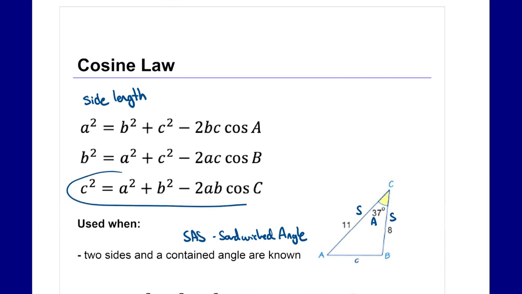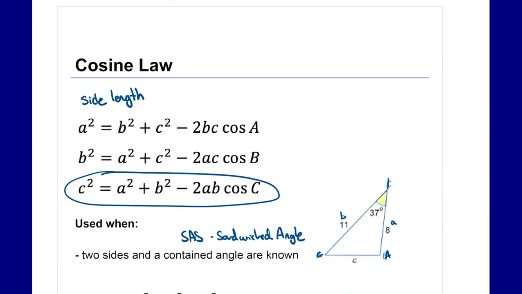So I'd be using this formula, because I'm looking for side C. I have sides little a and little b, and I'm given the angle C. Again, it's the same formula. If these sides were relabeled differently, if this was C, this was A, this was B, it's the same formula essentially, just the labels are different.